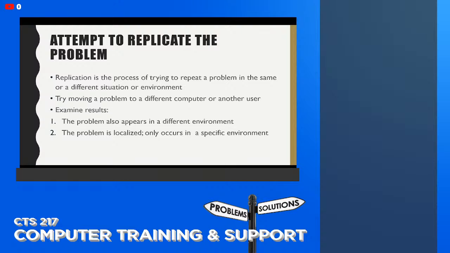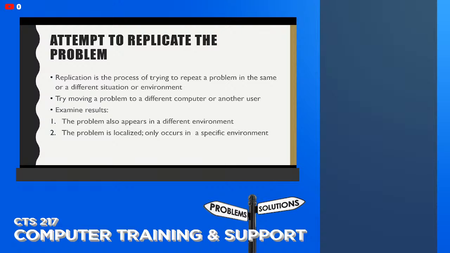So attempting to replicate the problem is one of the things that we do a lot. Right? Like when I get contacted by students who are having an issue with Blackboard or who are having an issue with whatever kind of service here at the college, one of the things that I'll try is, I'll try to replicate it and see if it'll happen on my end.